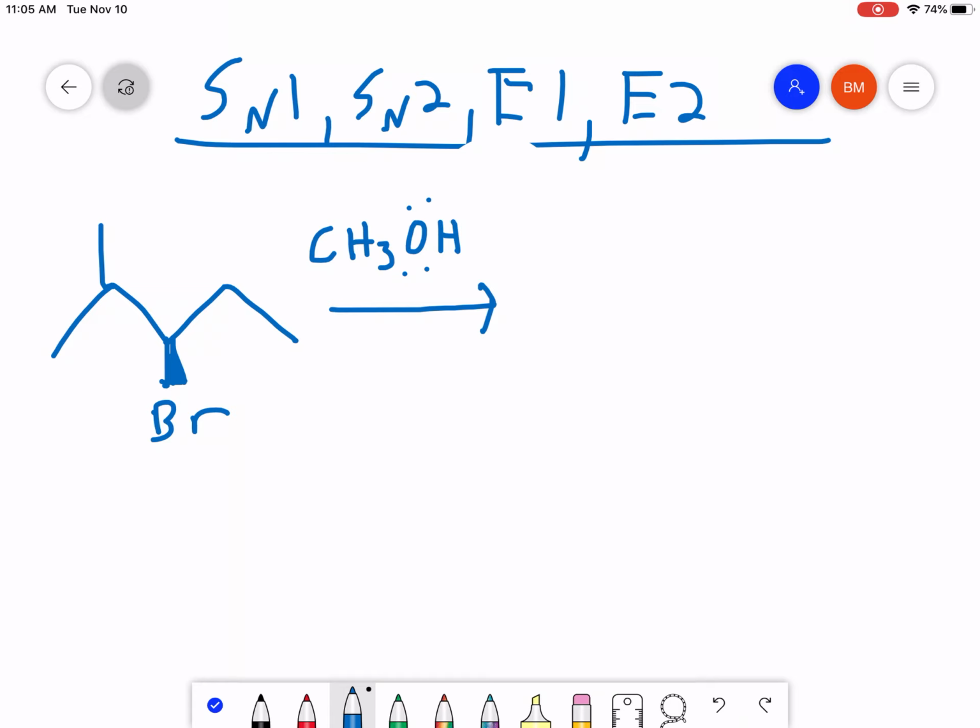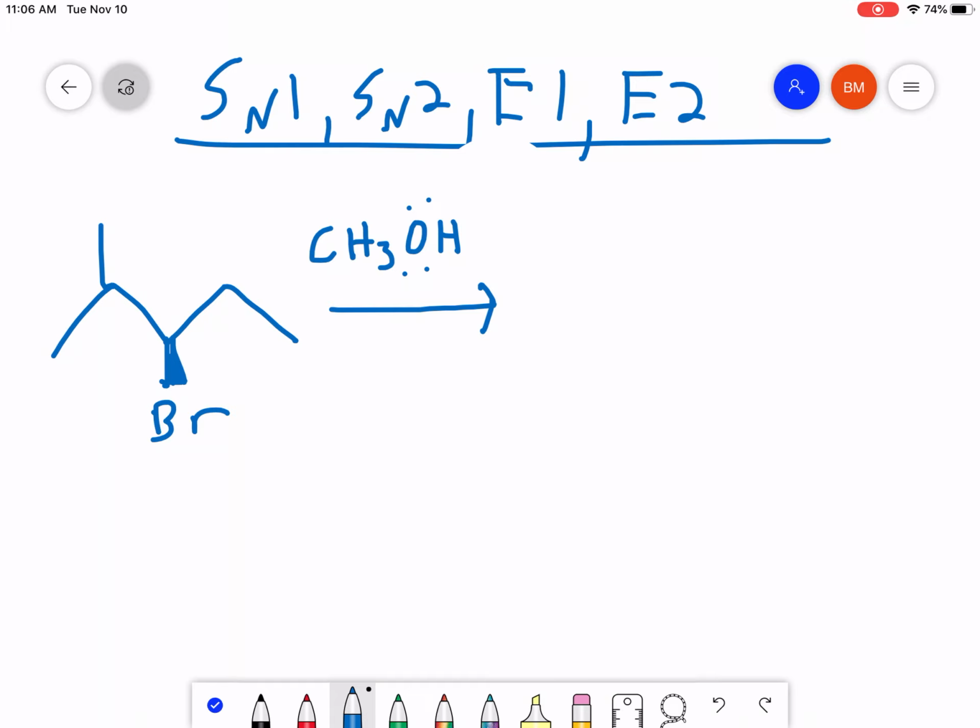Absolutely right. It's a weak nucleophile. Can this also act as a base? Absolutely right. Very good. It can also be a weak base. So it can equally effectively act as a weak base or a weak nucleophile. It's also going to act as a protic solvent in this reaction as well.